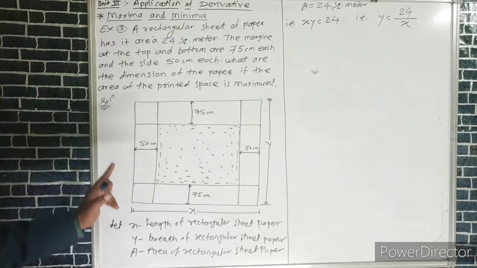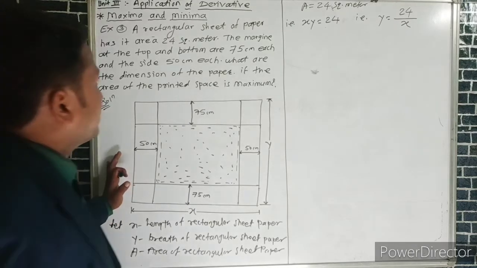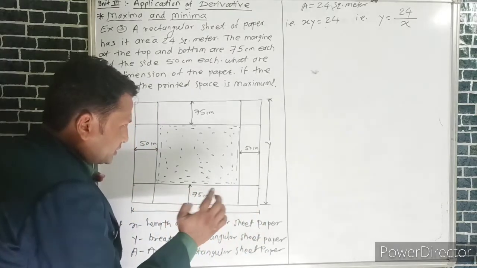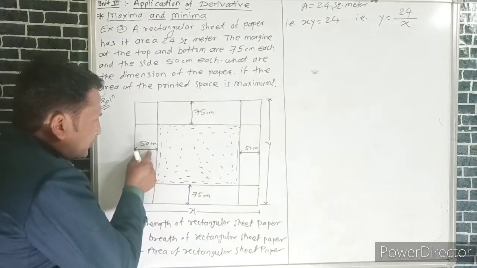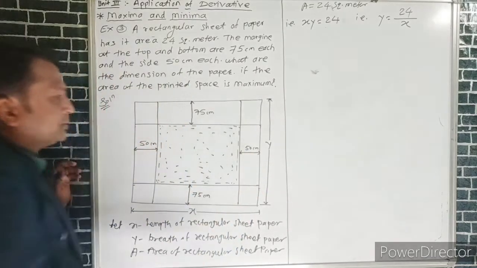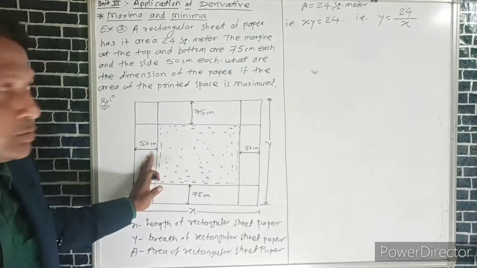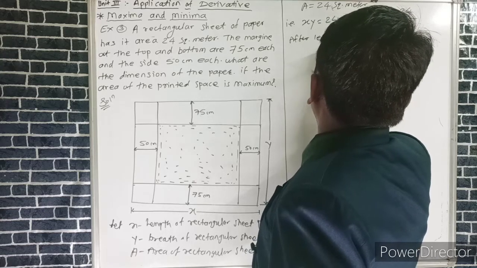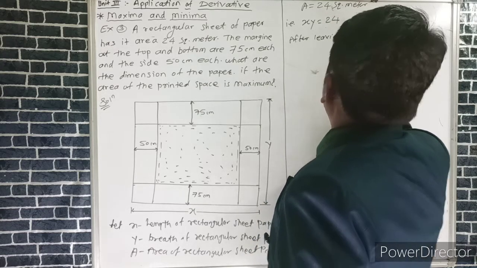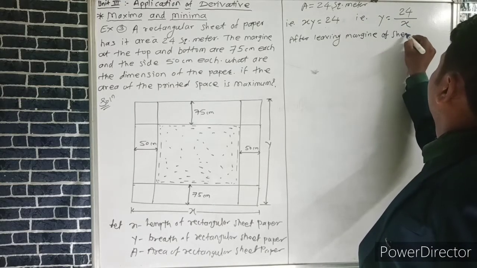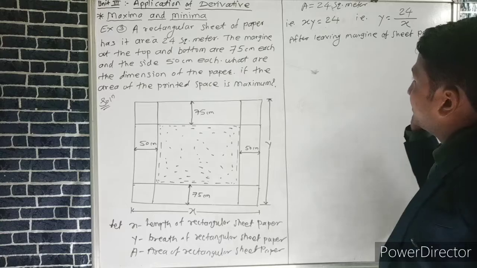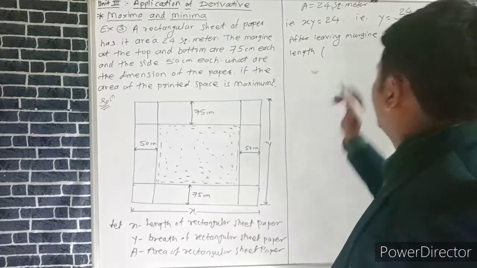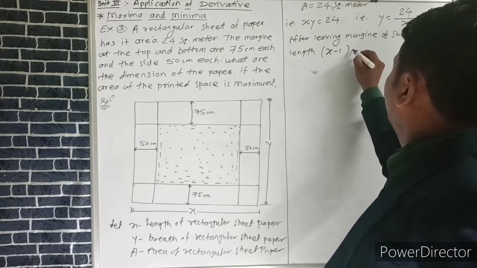Now after leaving the margin of the sheet paper, the length x is reduced by 50 centimeter plus 50 centimeter, which means 1 meter. So the length is x minus 1 meter.